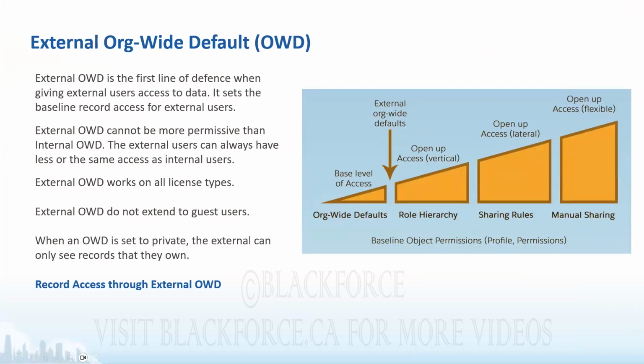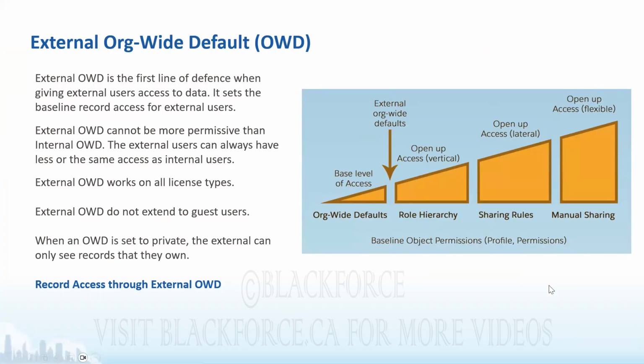All right, so to describe the external OWD: the external OWD is the first line of defense when giving external users access to data. It sets the baseline record access for external users.